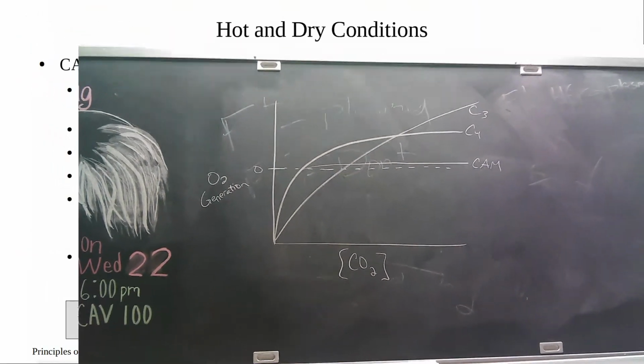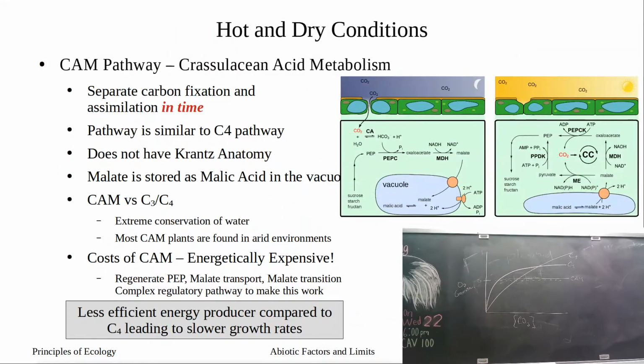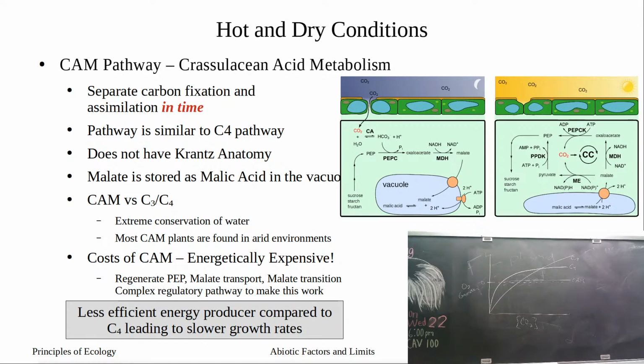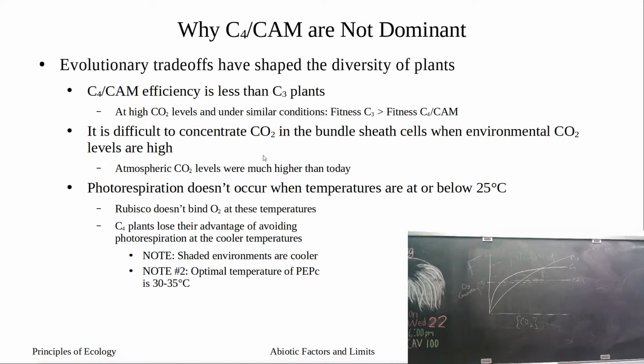All right, questions on those three pathways? So C4 plants, at least, seem like they'd be a pretty good balance between water conservation and production.